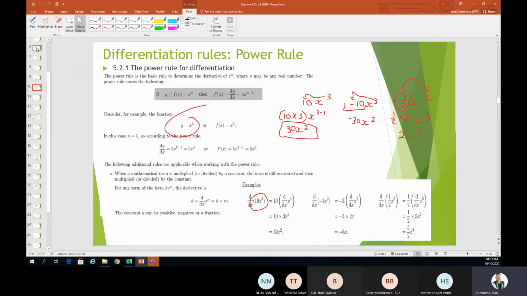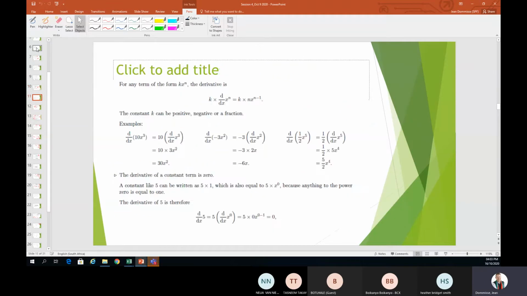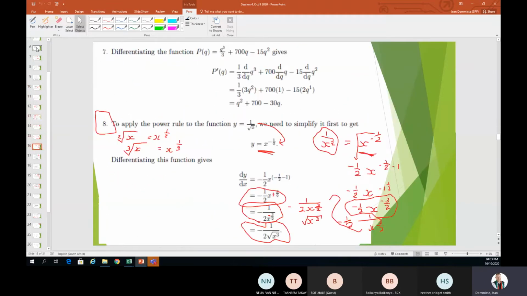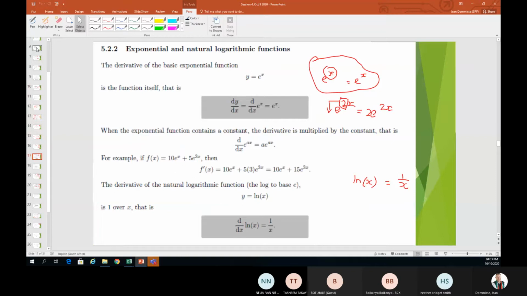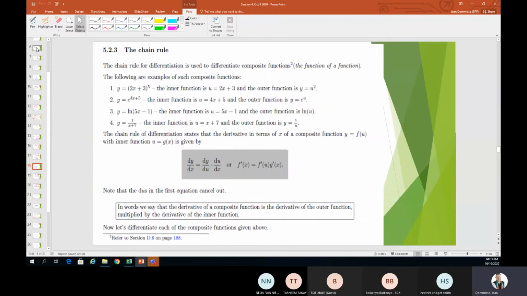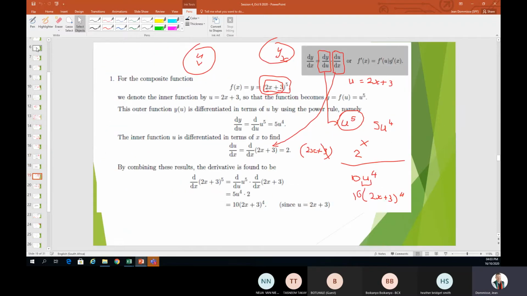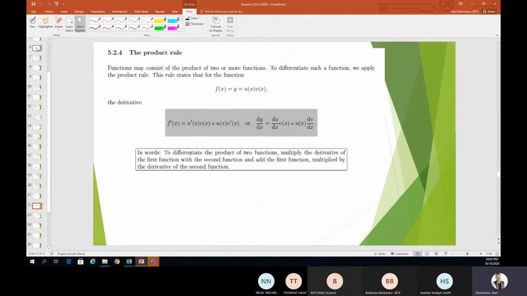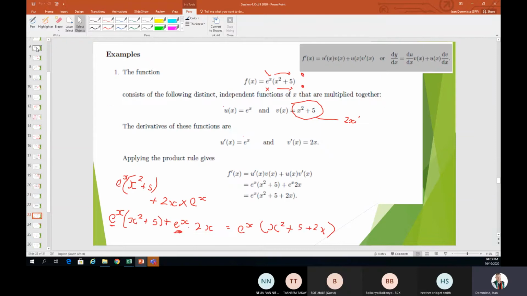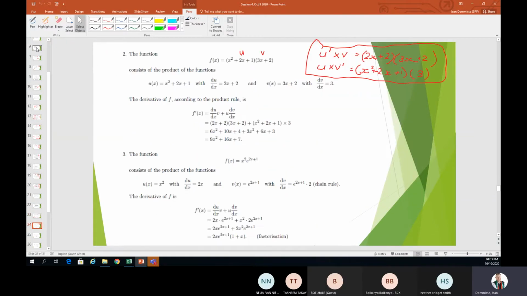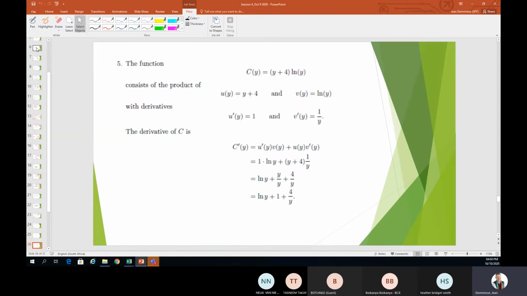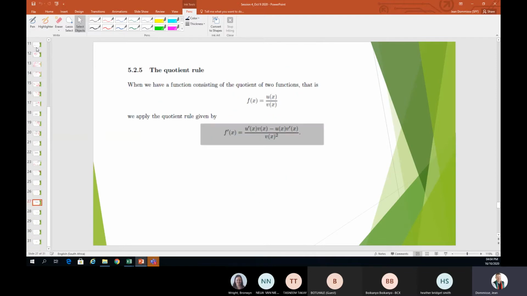Then we looked at the power rule, and some of the exponential and natural log functions. Then we looked at the chain rule and did a few examples. Then we just started with the product rule and did one or two on that. Today we start with the next one.